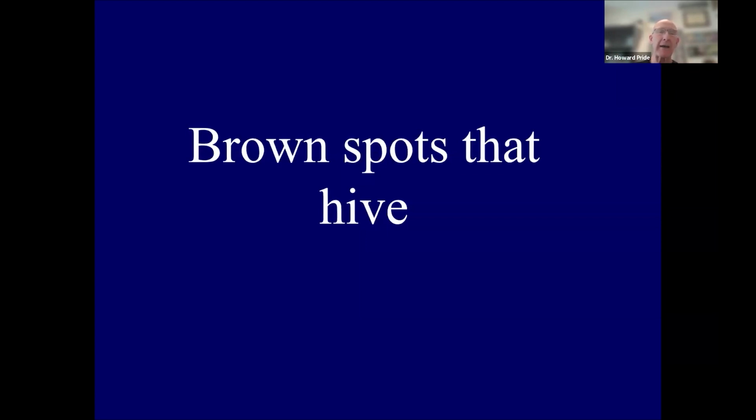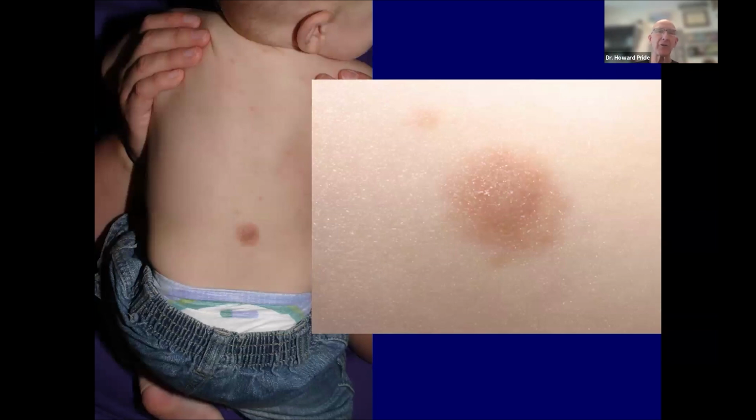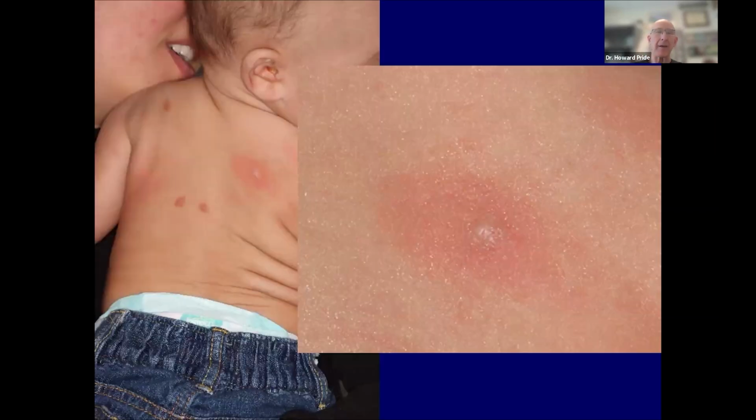Brown spots that hive. So this looks like a little guy that's maybe speckled with some small moles or that sort of thing. But the parent will say that areas of friction, like in the pant line or the diaper line, tend to get hive-like, and then they'll settle down and go back to their brown spot. Another example here. Now, I've elicited this one.